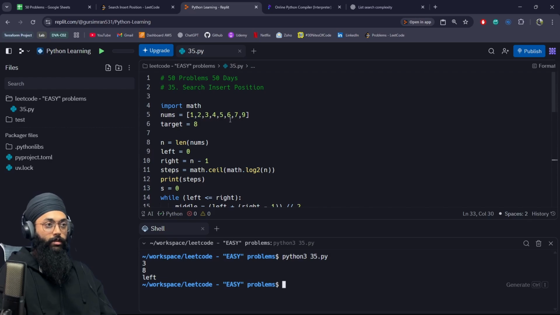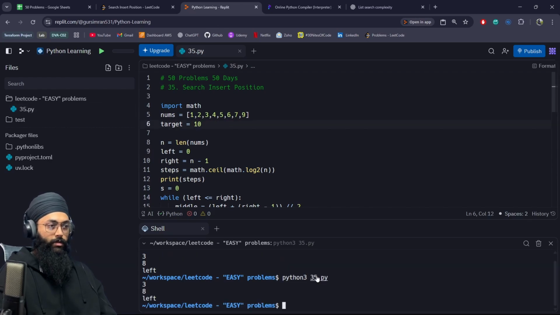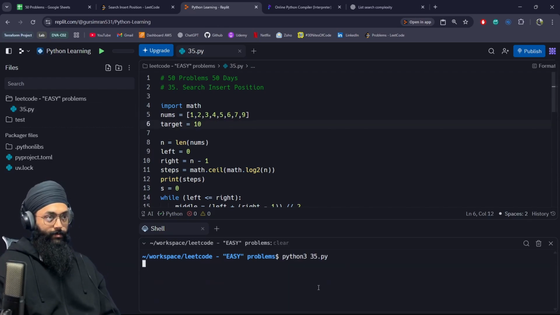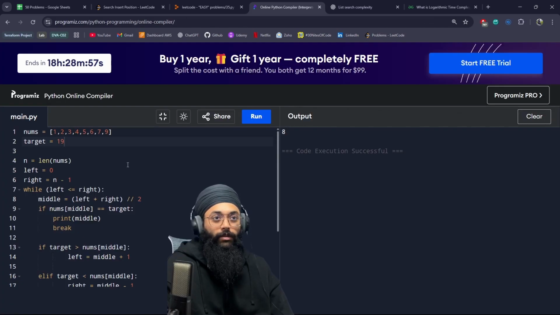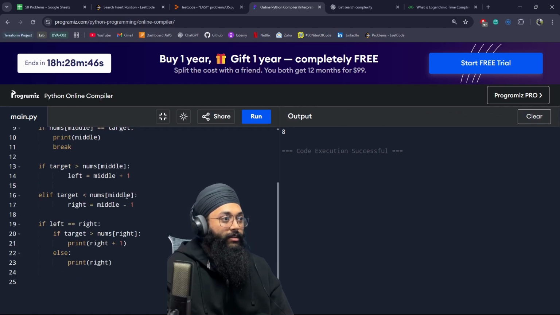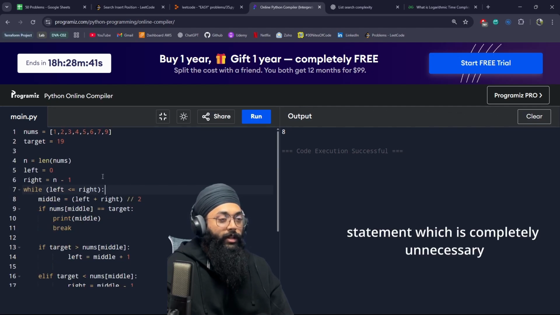Three, four, five, six, seven, eight. Makes sense. Steps was completely unnecessary because I'm already checking if left is smaller than right, and it was completely stupid. I guess that's why I got the timeout, and I believe this one could work.